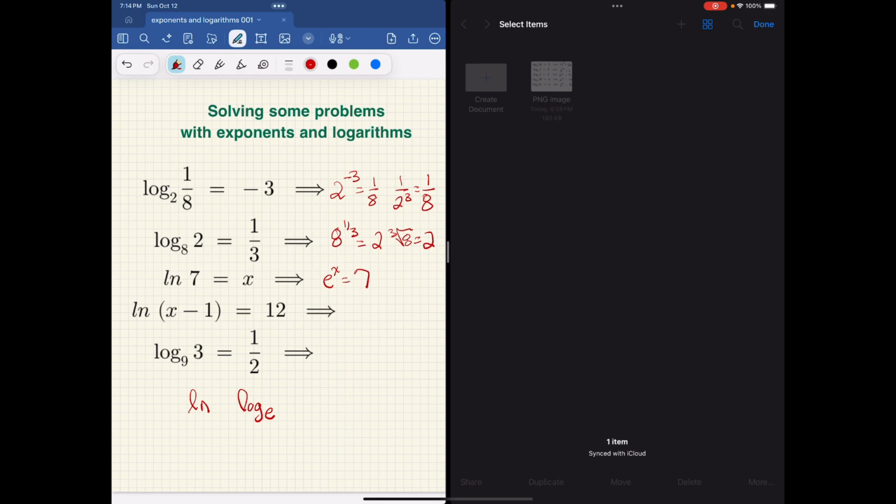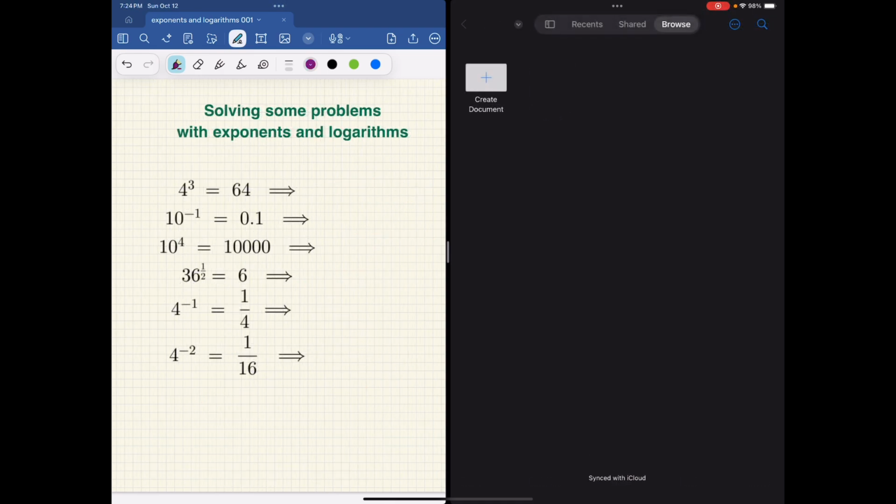The natural logarithm of x minus 1 equals 12 means that e to the 12 equals x minus 1. Finally, log base 9 of 3 equals 1/2 means that 9 to the 1/2 power equals 3, which is the same thing as saying the square root of 9 equals 3.